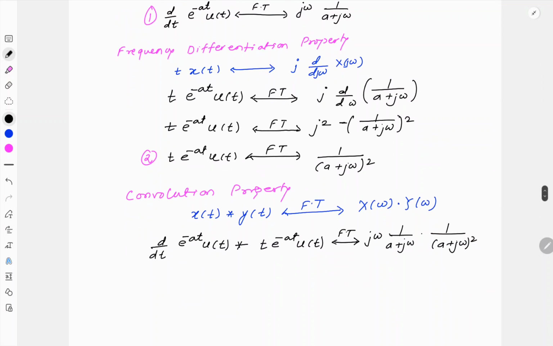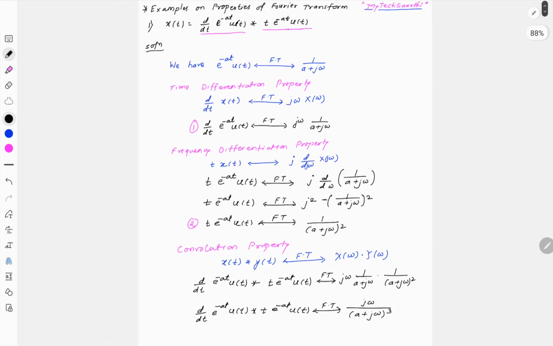If you simplify it further, its Fourier transform will be, at the numerator j omega and at the denominator a plus j omega whole cube. This will be the final answer for this particular example.